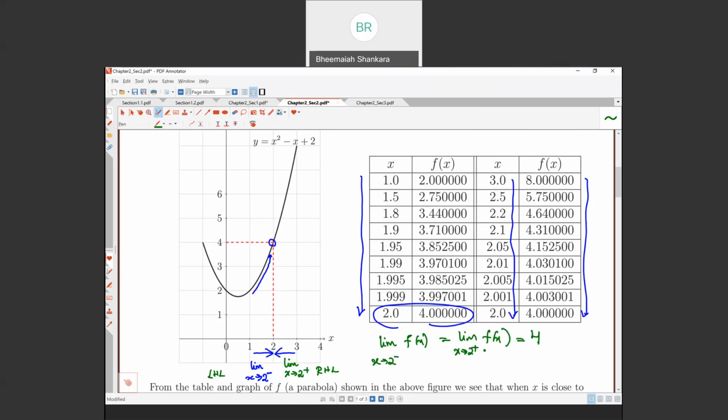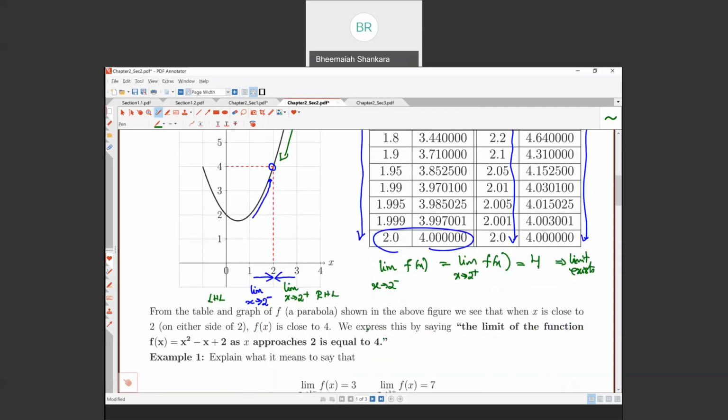We are able to see that from the graph too. You're seeing that in the graph, the value approaches 4. Because the left hand limit and the right hand limit are the same, you say that the limit exists. In order to say that the limit exists, the left hand limit and the right hand limit should be equal. So that's what is explained here in words.